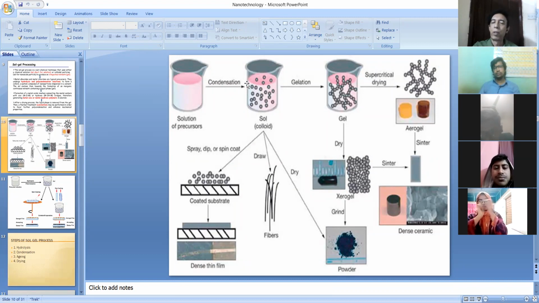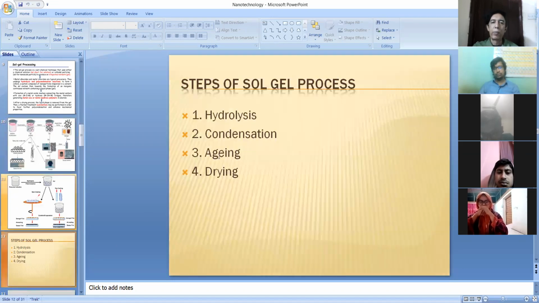And after this, aging means keeping that in situ, you'll get the gel. It is as simple as that. You will get the gel, and you will dry the gel then by supercritical drying or calcination.